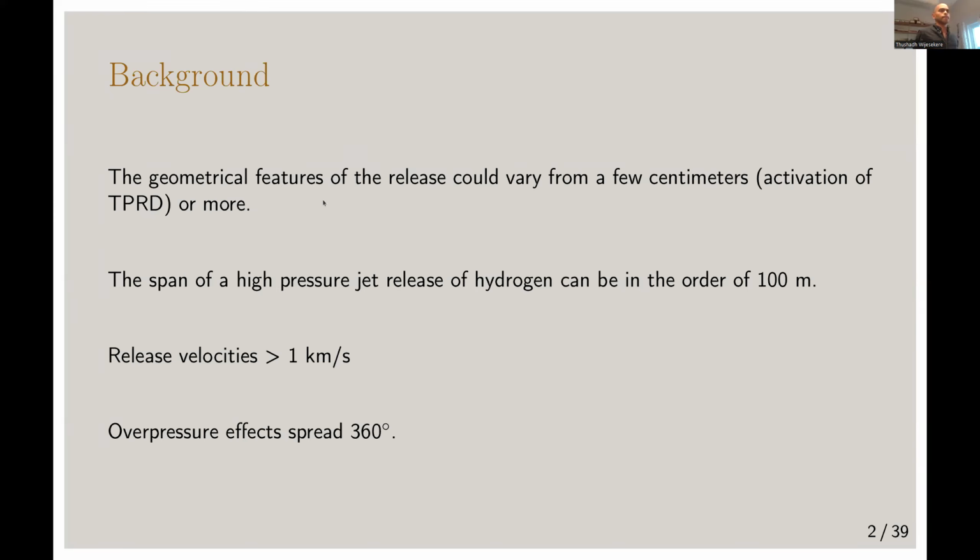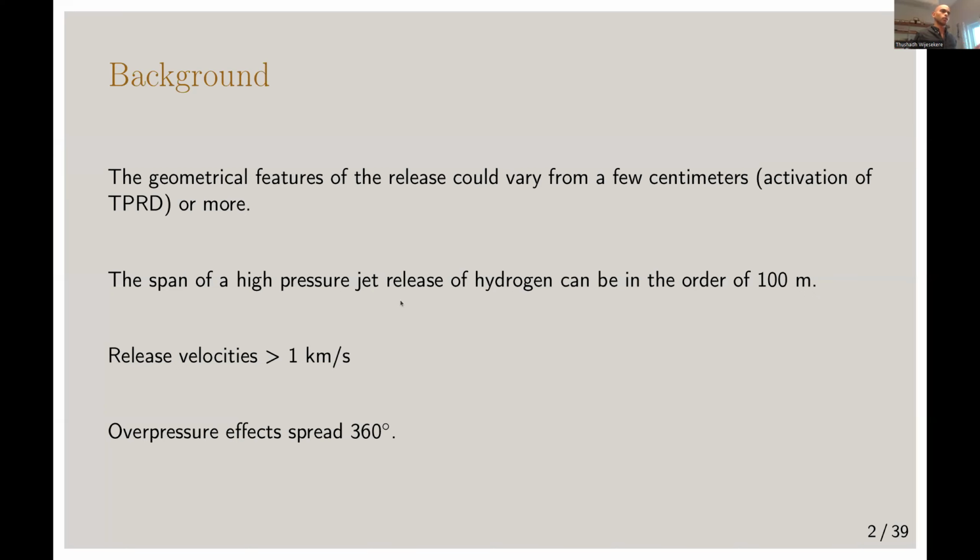Usually, the leak coming from a pipeline or from a storage vessel can vary in size. It could be only a few centimeters, or it could be larger in certain cases as well. But regardless of the size of the leak, the jet will actually expand up to 100 meters. It may be even more if you consider the flammable cloud, because hydrogen has a very large flammable envelope.